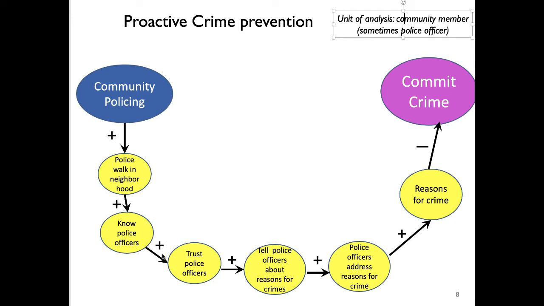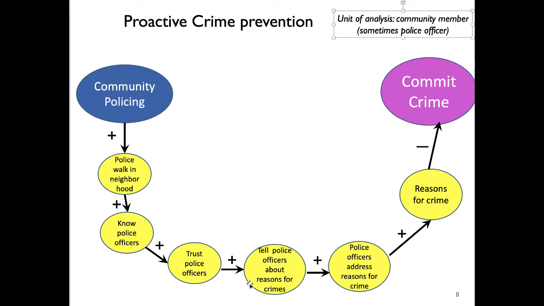So if police walk around the neighborhood, the community members know the police officers. If they know them, they trust them. Of course, the skeptical me is going, why? But again, I don't know a lot about this, so we're going to keep going. If they trust the police officers, they'll tell police officers about reasons for crimes.